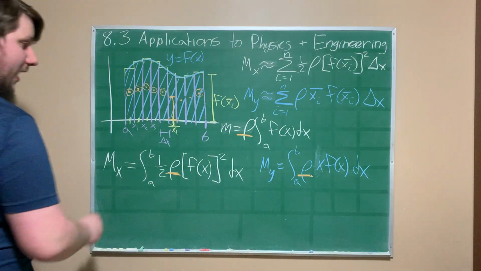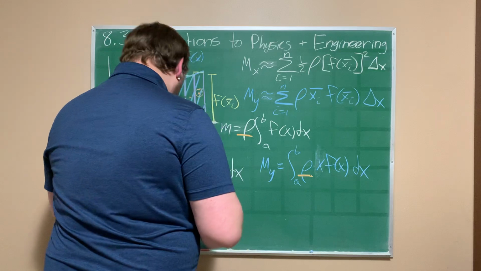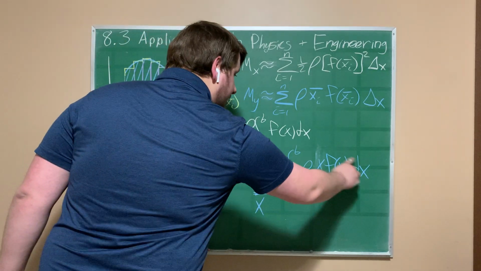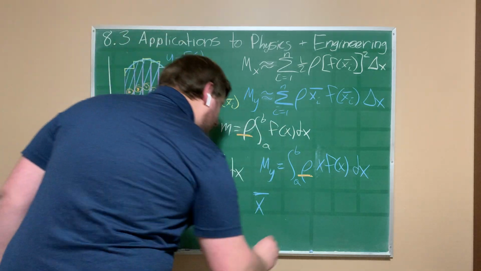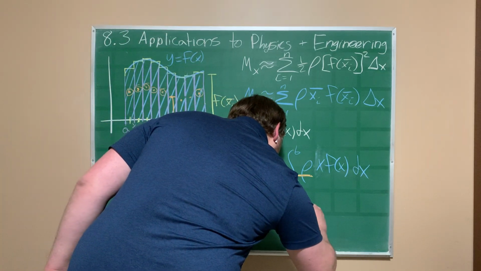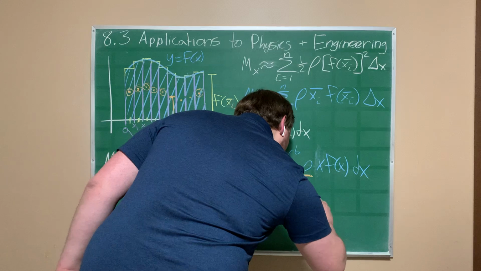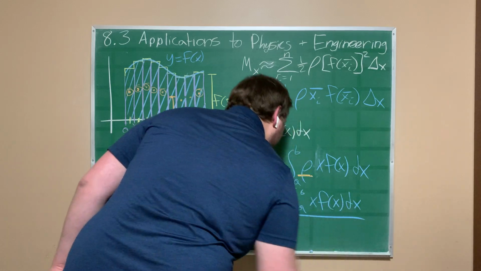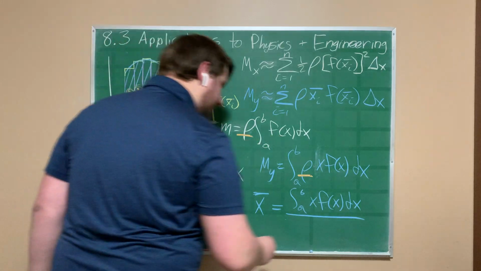Okay, so the actual coordinates of the centroid. To get the x coordinate of the centroid, we take this integral divided by this integral. So we are going to have the integral from a to b of x times f of x, divided by the integral of just f of x.